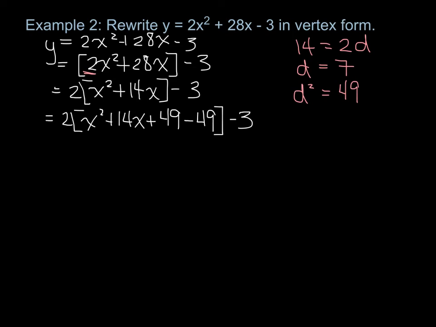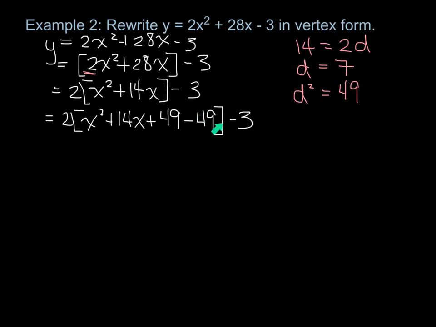And as you'll recall, we only want this part here to be inside the brackets for when we create our perfect square. So what I need to do, as I've done before, is move this minus 49 so that it's out of the brackets. But in order to do that, this has to be multiplied by this, right?